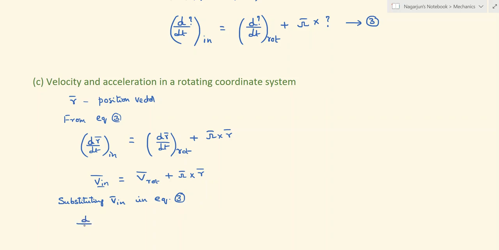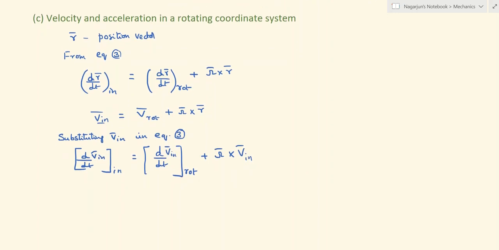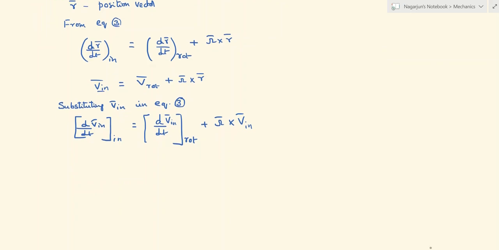So d by dt of v bar in with respect to the inertial frame of reference is equal to d by dt of v bar in with respect to rotating frame of reference plus omega bar cross v bar in. This is how we can express equation 3 by substituting v bar in.